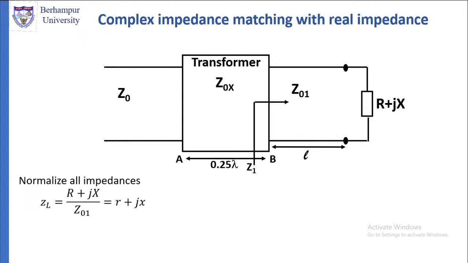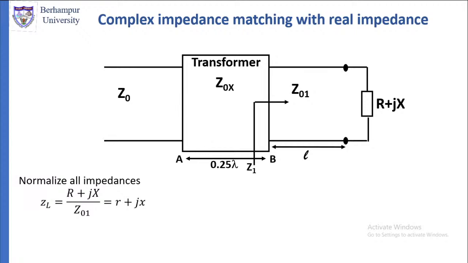For example, suppose we have a transmission line of characteristic impedance Z0, terminated in a load impedance ZL, which is equal to R plus jX. Now R plus jX is different from Z0, and we are required to match R plus jX to Z0.